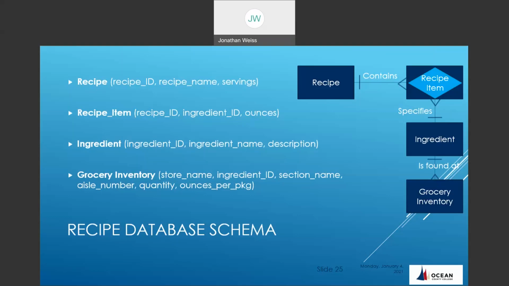The second table is a recipe item. And I need a recipe ID to say what recipe that's a part of. So that identifies the recipe. And then it says what the ingredient ID is. So that identifies the ingredient that's part of the recipe. And then the ounces say how much of that ingredient needs to be in the recipe.